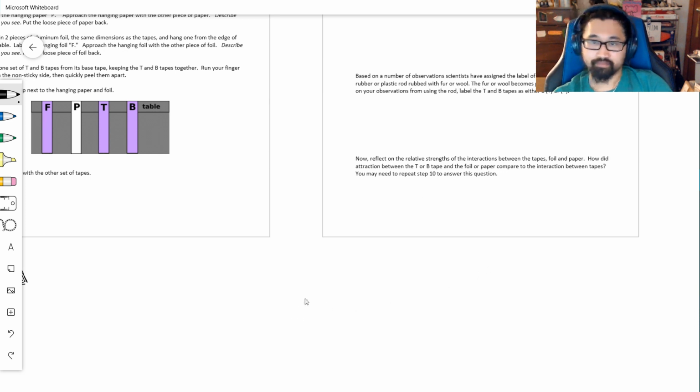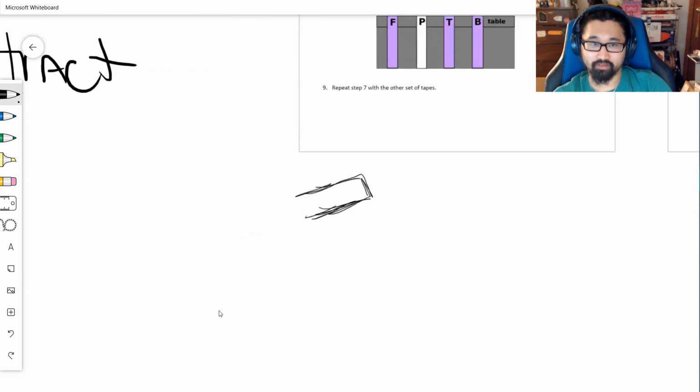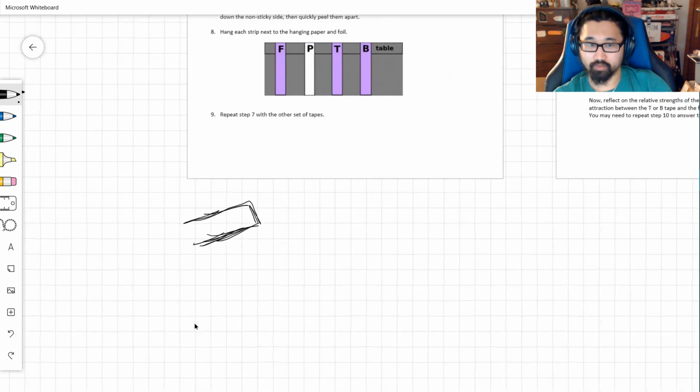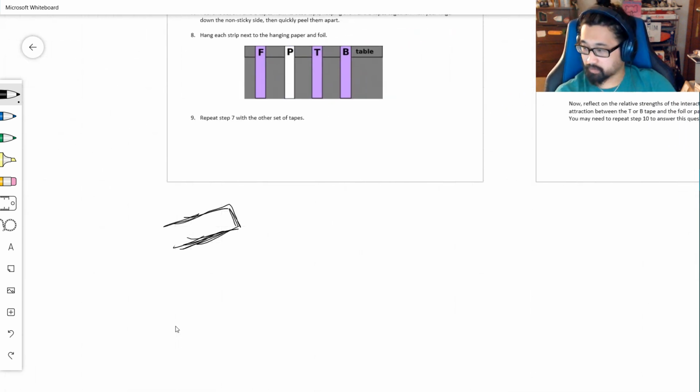So this pipe just has a ton of extra electrons, which I'm going to draw as a bunch of extra negative charges.